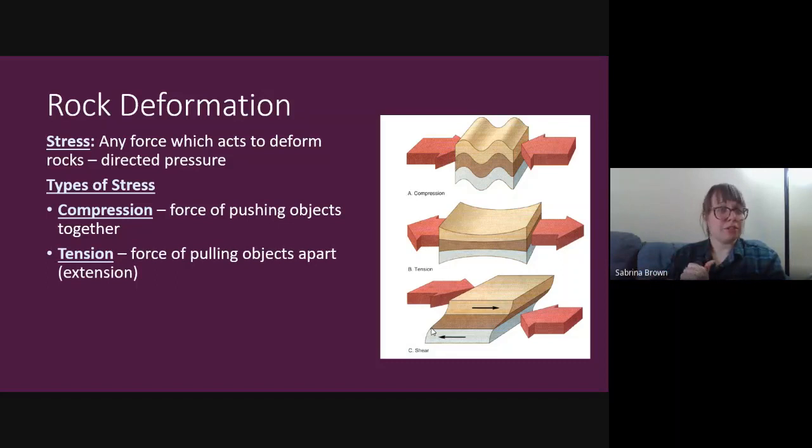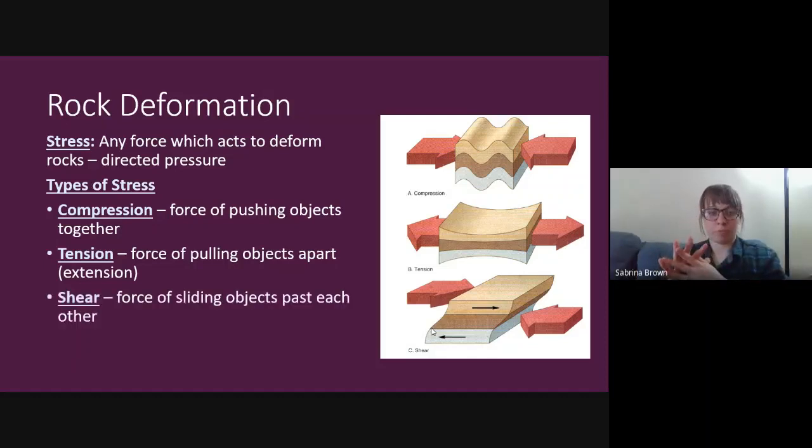Tension or extension forces is the force of pulling objects apart, so we have tension forces at our divergent plate boundaries. And then shear is the force of objects sliding past each other, and an example in plate tectonics, of course, would be a transform boundary.